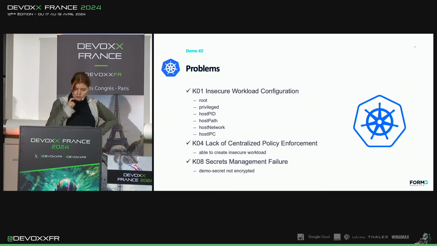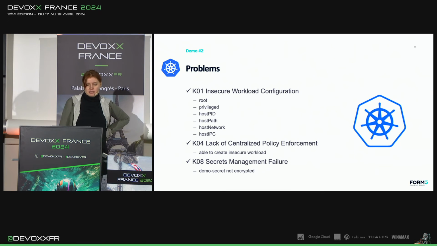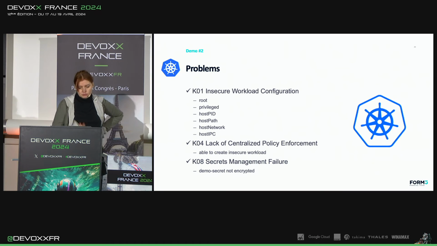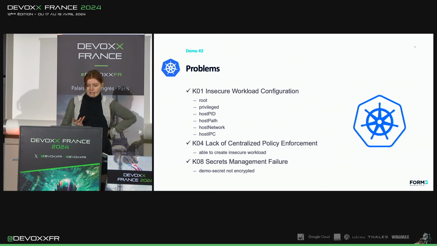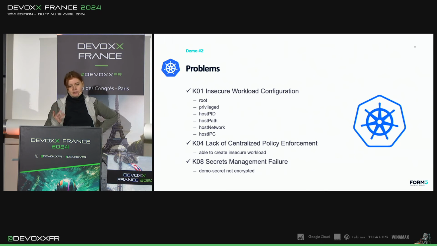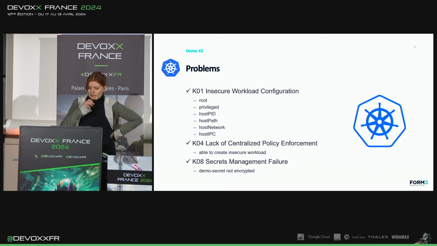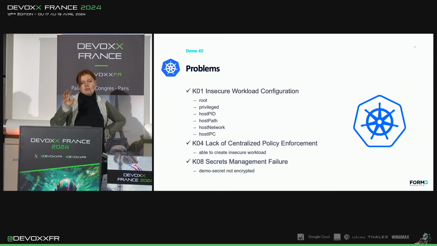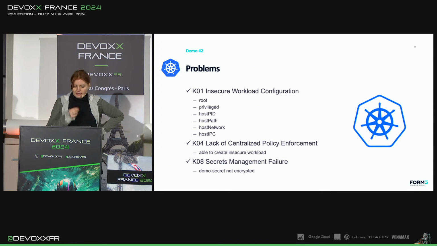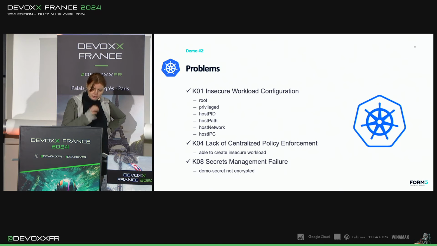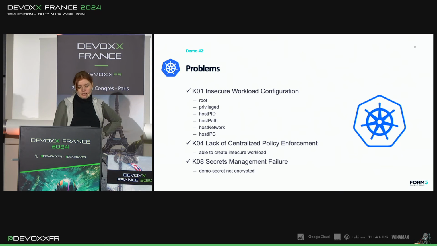The problem in our demos, which we could observe, is insecure workload configuration. So basically, we went full on with root, privileged, host PID, host path, host network, and host IPC. In the real world, that's a big no. So be careful about those parameters.